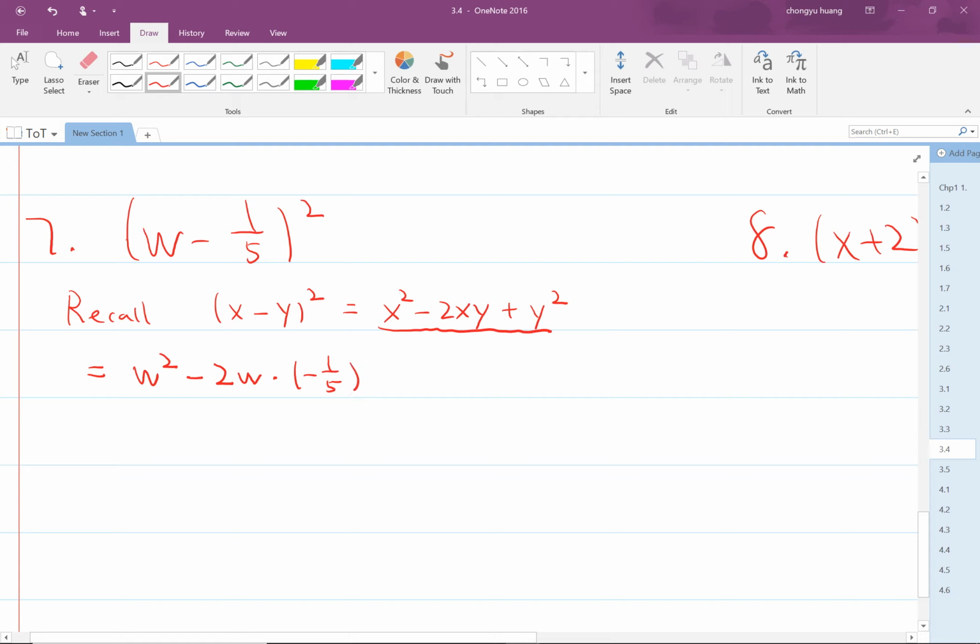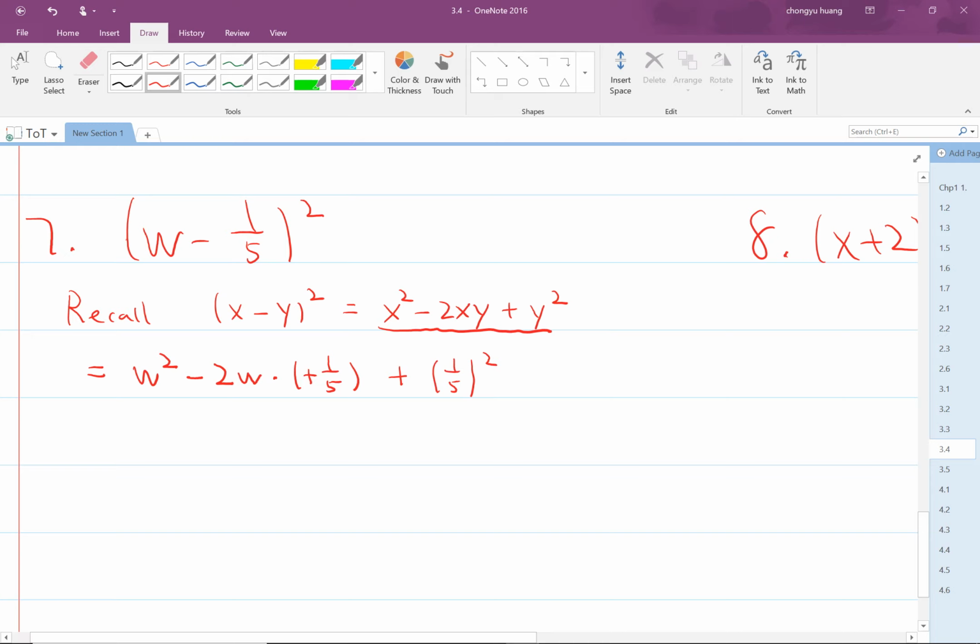Okay, let me see. y over here should be positive 1 over 5, and then we have plus y squared, right? So y is 1 over 5 squared. Don't get things confused.